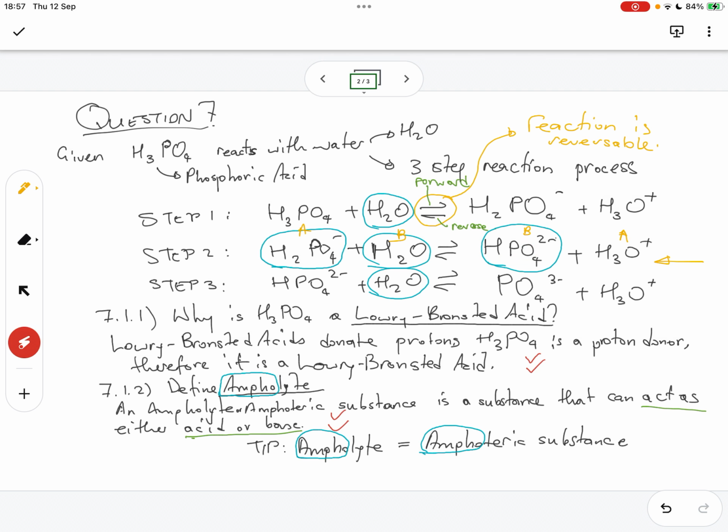Therefore, we can say you are correct. H2PO4 minus is both an acid and a base. Do you understand that one, or should I explain again?